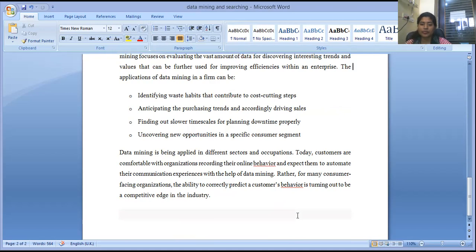Okay, so data mining is being applied in different sectors and occupations. Today, customers are comfortable with organizations recording their online behaviors and expect them to automate their communication experiences with the help of data mining rules, isn't it? For many consumer-facing organizations, the ability to correctly predict a customer's behavior is turning out to be competitive in the industry.